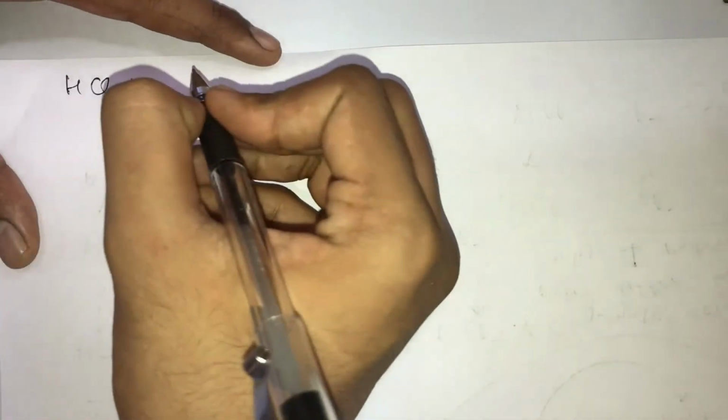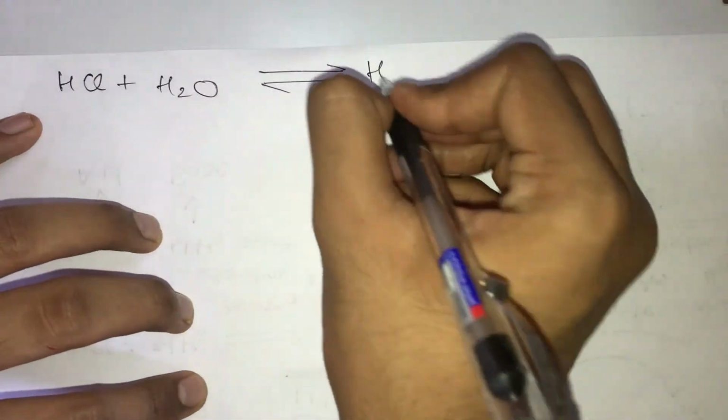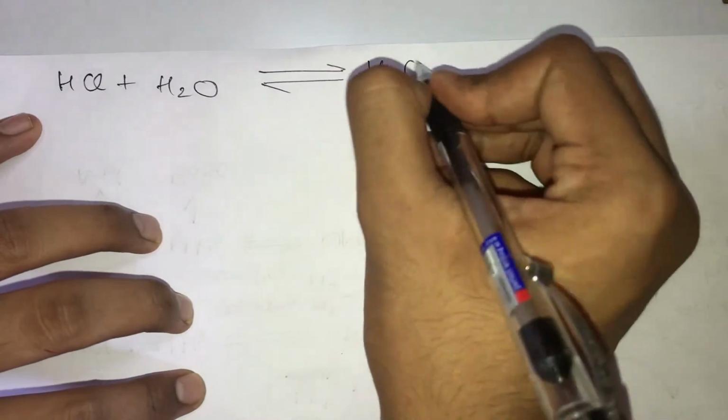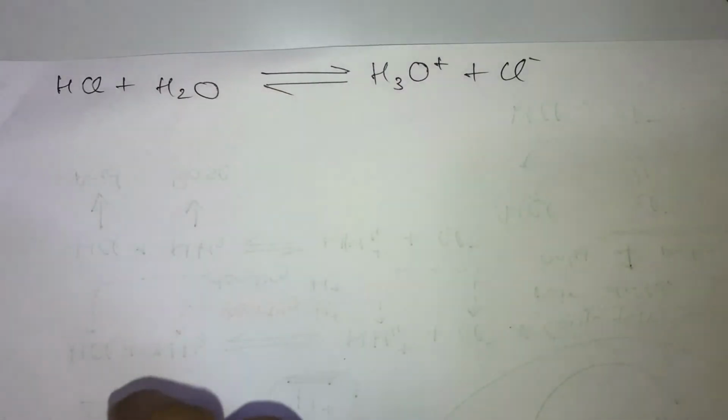Let us see this reaction over here, where this HCl is reacting with H2O to give us H3O plus and Cl minus.